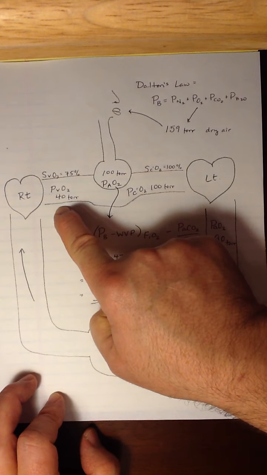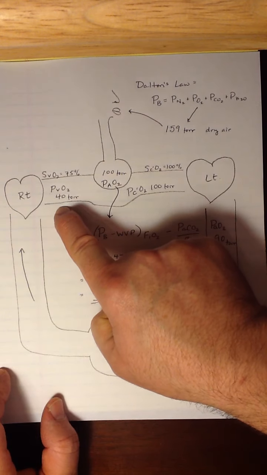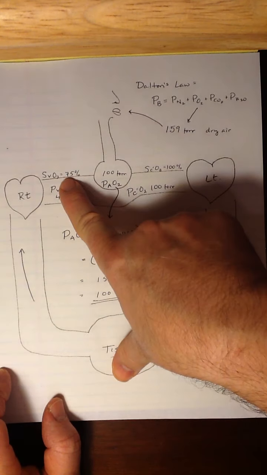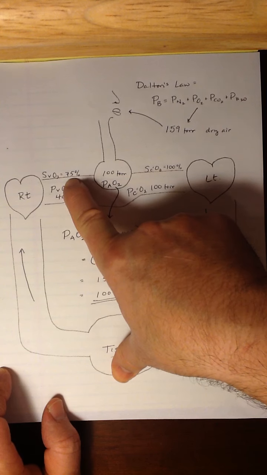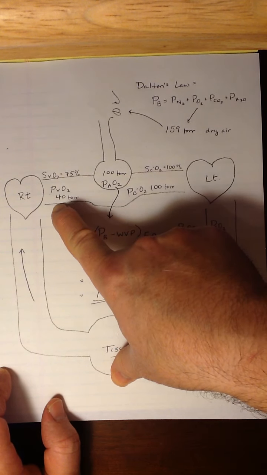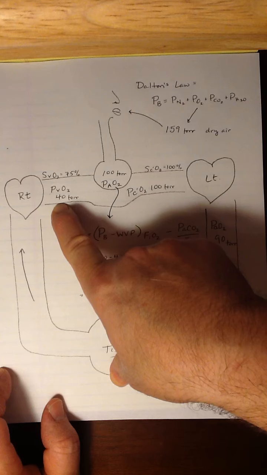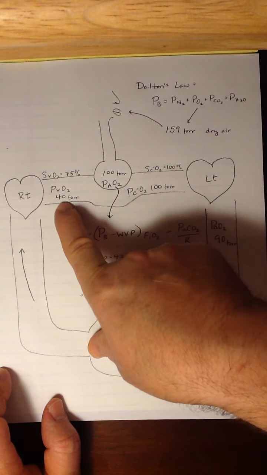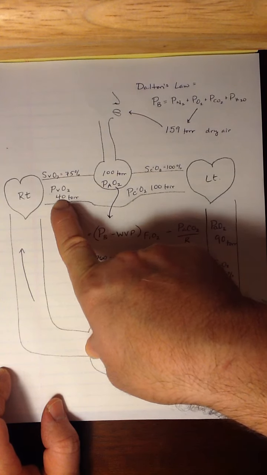The resulting PvO2 is 40 torr. We're going to see this again a little bit later, but the saturation of gases occurs on the hemoglobin unit. The partial pressure of a gas exists within either another gas or within a liquid. So the liquid constituent of the blood, of course, is the plasma.